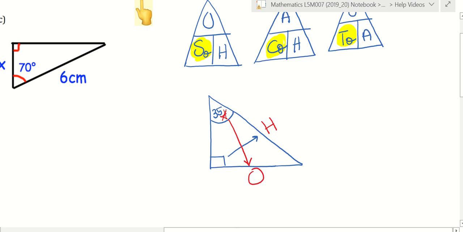The remaining side is the adjacent, which is A. Adjacent means next to. It's next to that other angle. And I always start by labeling H, and then O, the opposite, and then the adjacent.